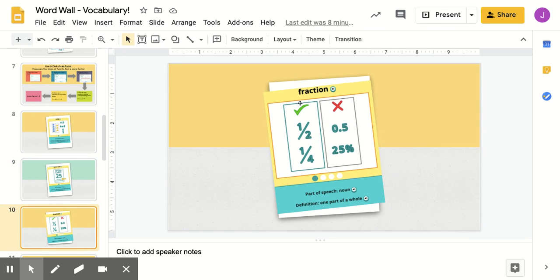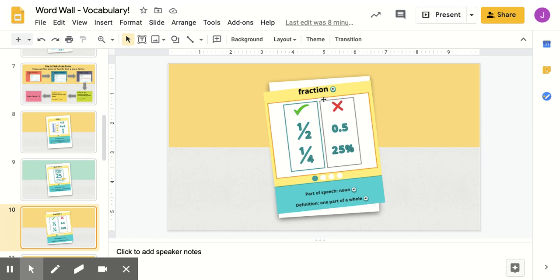Now, fraction. Fraction is defined as 1 part of a whole. So it's just part of a whole. Here we have a fraction on this left side. This is 1 part of a whole of 2. And down here we have 1 part of a whole of 4. Over here, these are not fractions.